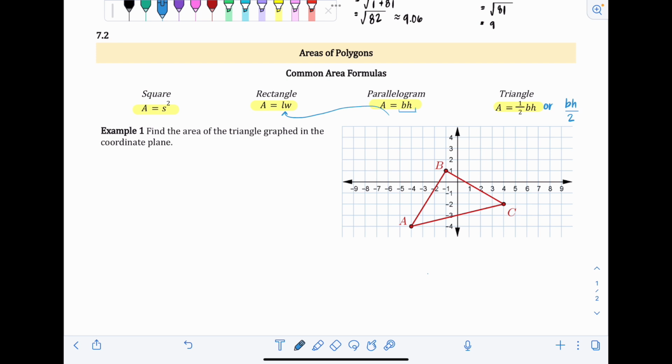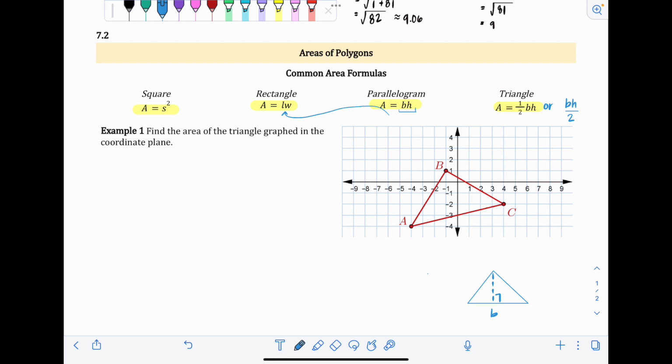So example 1, find the area of the triangle graphed in the coordinate plane. One thing that's really crucial about finding the area of the triangle is that we have to find base and height. If I just draw a generic figure here, let's say that this is the base and this would be the height. The height is going to be perpendicular to the base.